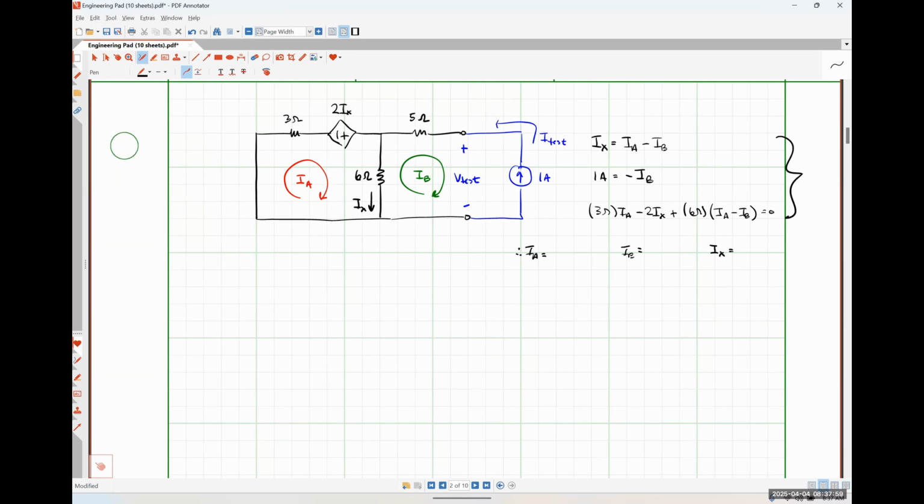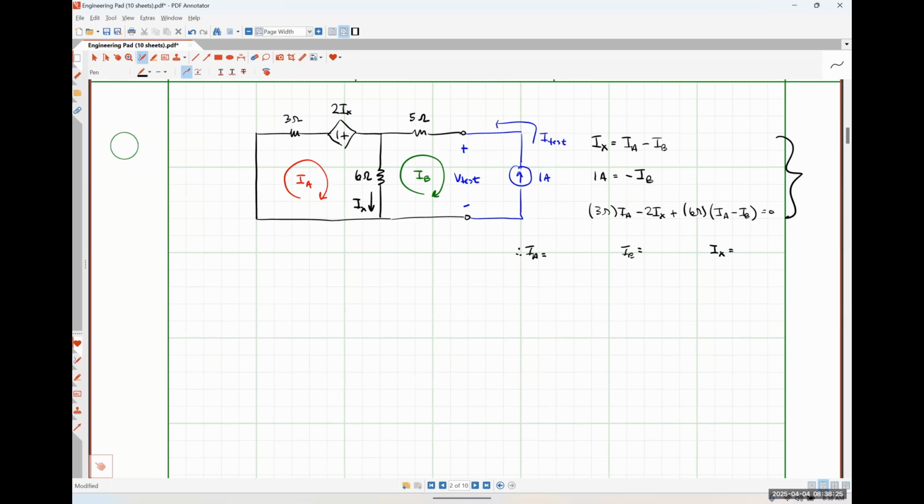So in my first equation, my coefficient for IA is 1, my coefficient for IB is -1, my coefficient for IX is -1, my constant term is 0. So I don't need to make any changes whatsoever to that one. My second equation, I have a coefficient for IA is 0, coefficient for IB is -1, coefficient for IX is 0, constant term is +1.